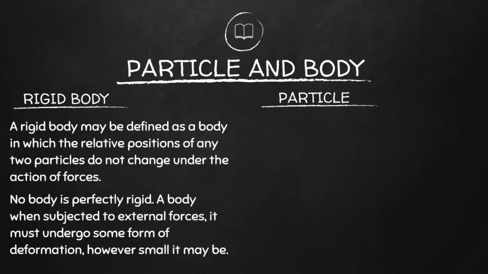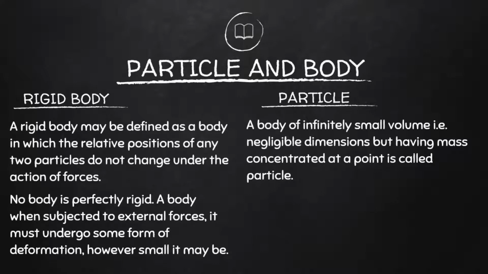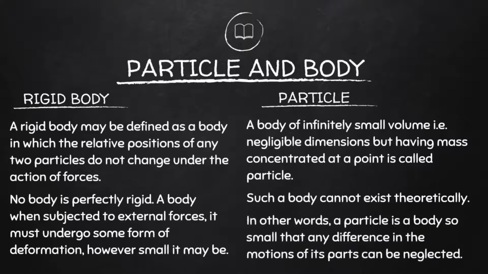A particle, on the other hand, is a body of infinitely small volume that is of negligible dimensions but having mass concentrated at a point. Such a body cannot exist theoretically. In other words, a particle is a body so small that any difference in the motions of its parts can be neglected.